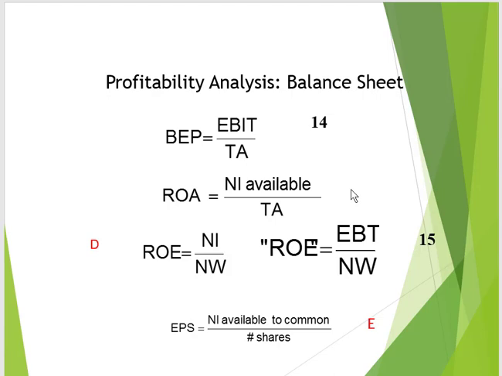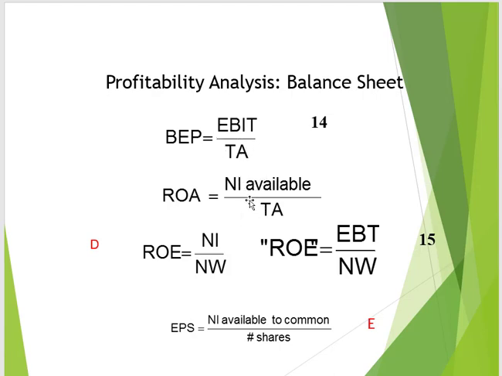A more structurally correct measure of operating profits for shareholders is to look at what's referred to as basic earning power. BEP is earnings before interest and taxes divided by total assets. And again, these numbers will be relatively close. The graphs won't be dramatically different.